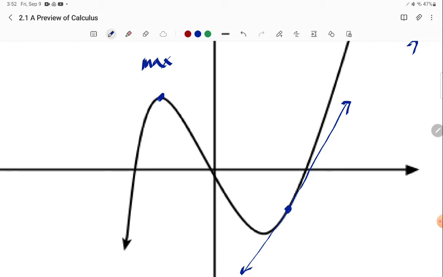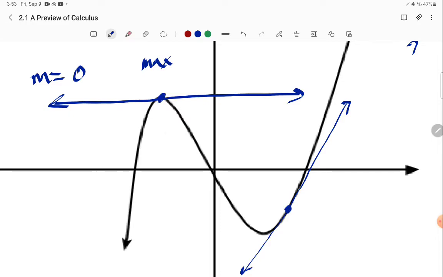Now, if we draw a tangent line through that point, it's just going to be a horizontal line. Whereas you notice, this slope is going to be 0. Whereas before we did a secant line with the slope of 0, now this is a single point. At all of your maxes and mins, your slope's going to be 0. So your tangent line is going to have a slope of 0.